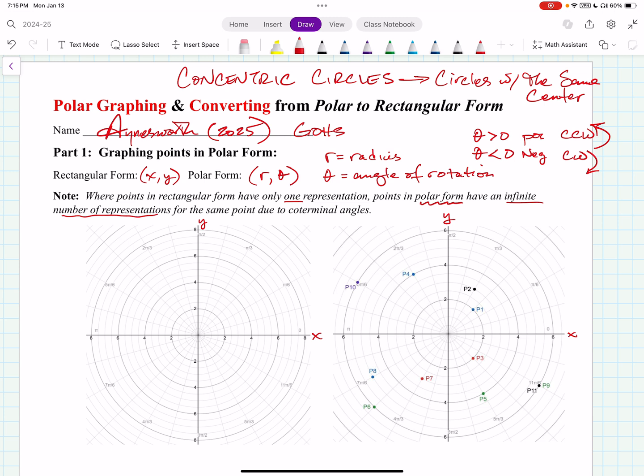When we talk about the radius, we're talking about which circle we're on. If you're on radius 2, you're on the circle with radius 2. If we have a point with radius 3, we're on the circle with radius 3, etc. Let's go through a bunch of examples here illustrating the point. All we need to know is r and theta, the radius and the angle of rotation, and we can figure this out.